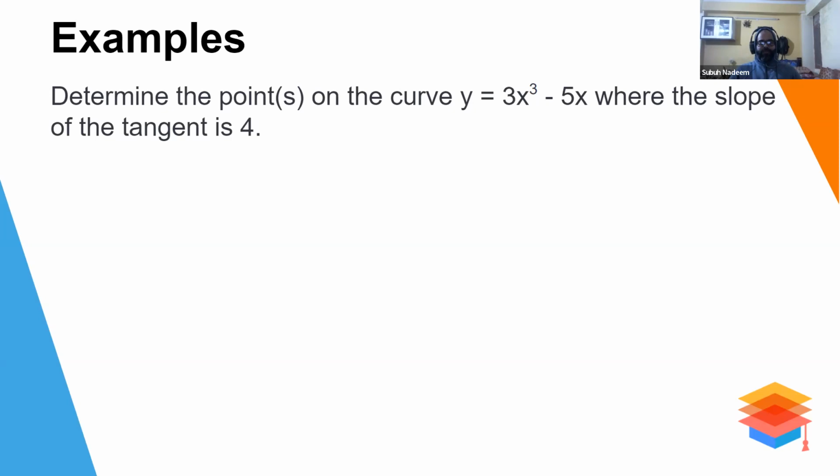So 9x squared minus 5 equals 4. Minus 5 goes the other side, so it'll become 9. x squared equals 9 by 9, so that's 1.